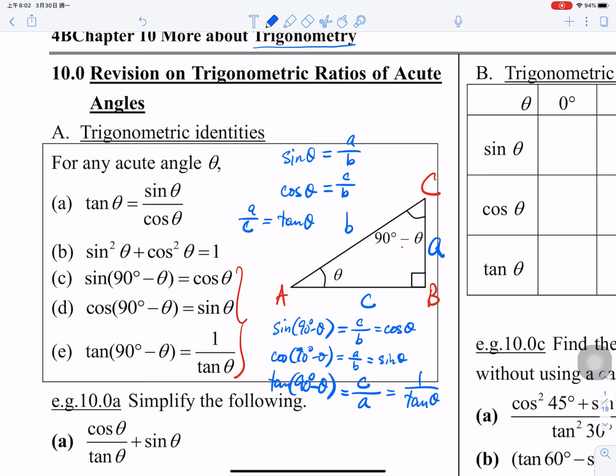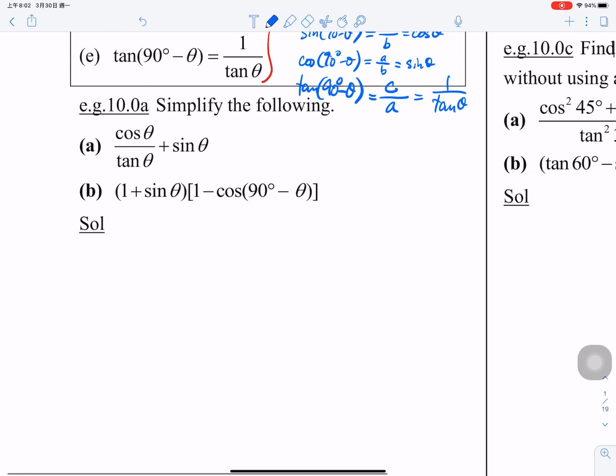See? These three relations, now I have shown you already. Okay, let's start to have a look at two examples here. 10.08. Simplify the following: cosine theta over tangent theta, plus sine theta.